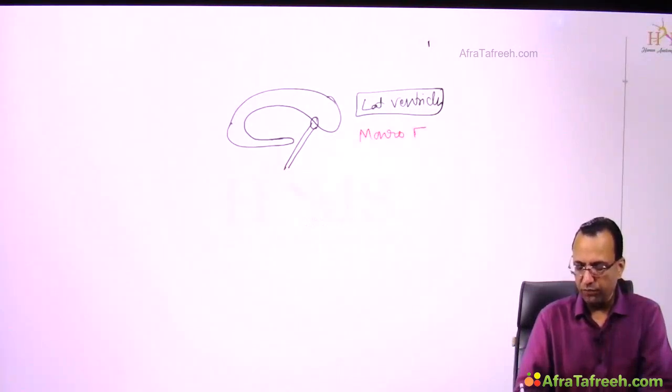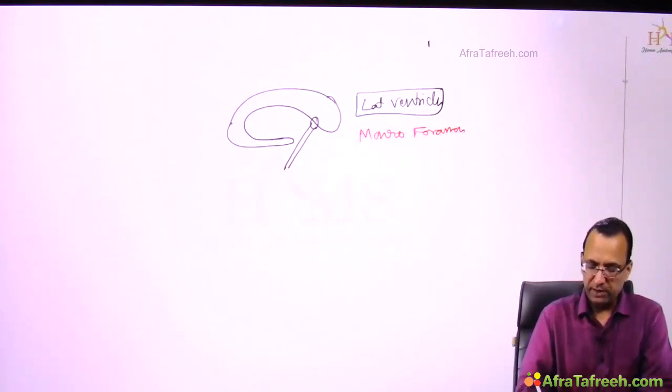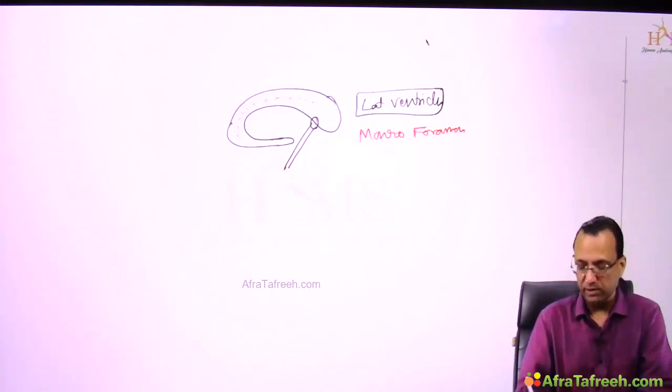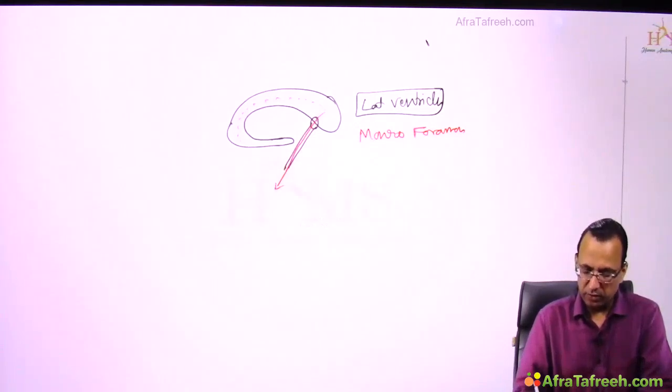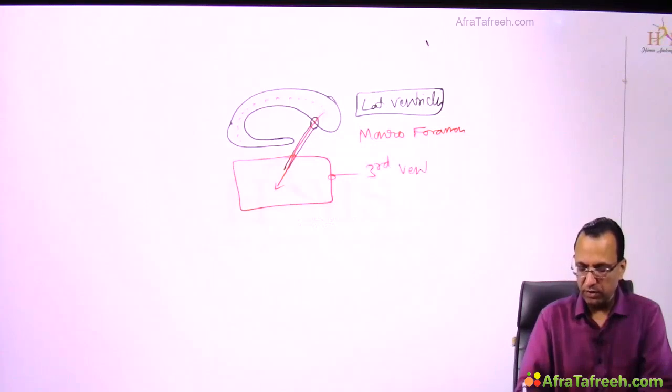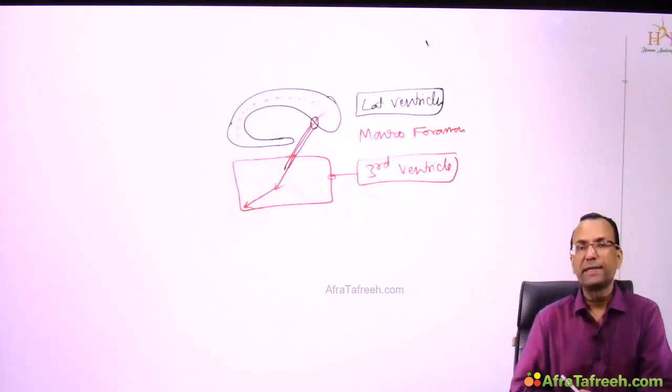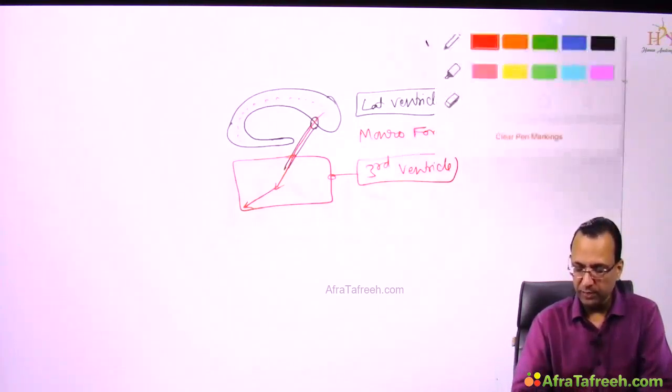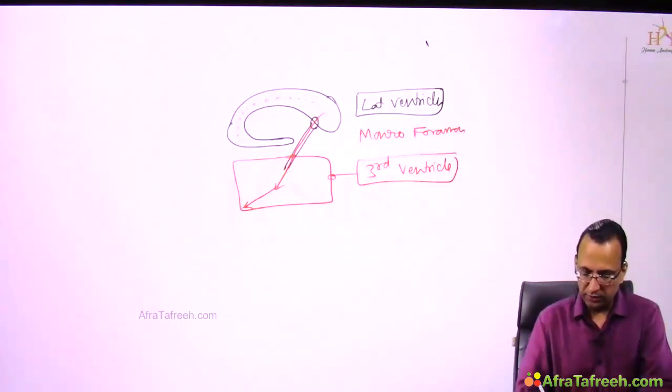And that Monro foramen, what is it doing? It will let the CSF escape from this lateral ventricle into the third ventricle. And when the CSF comes into the third ventricle, it will be going towards what is called the cerebral aqueduct of Sylvius.